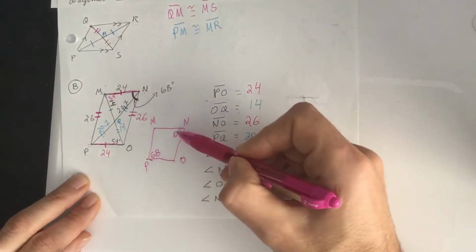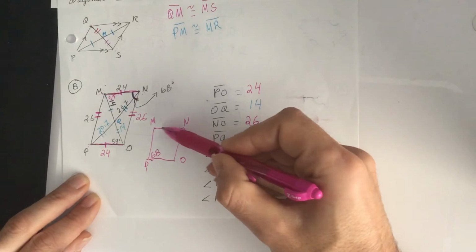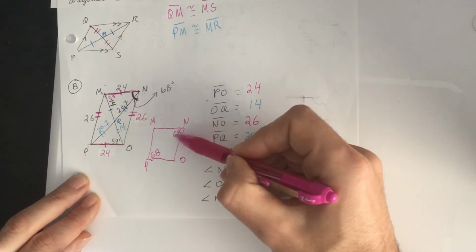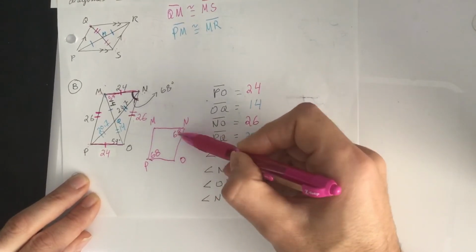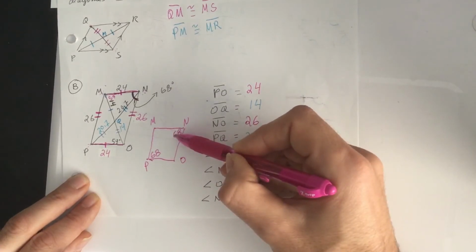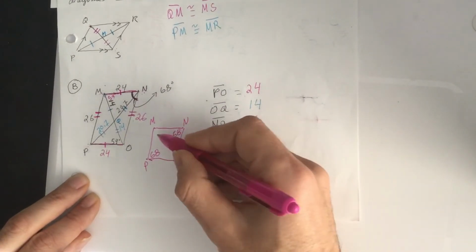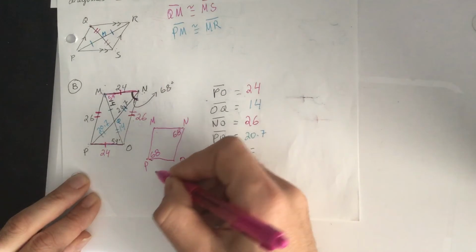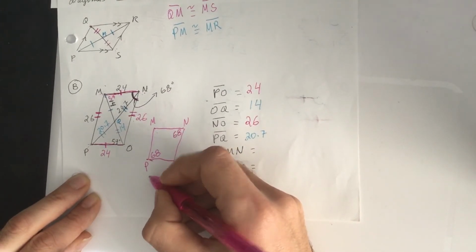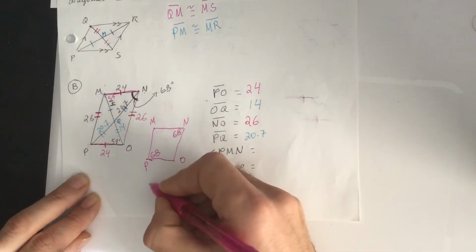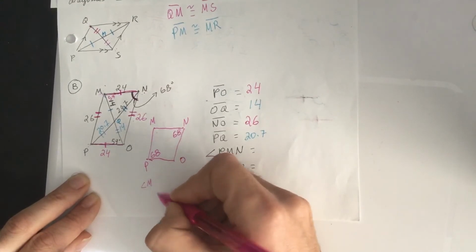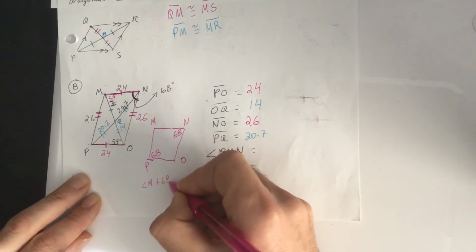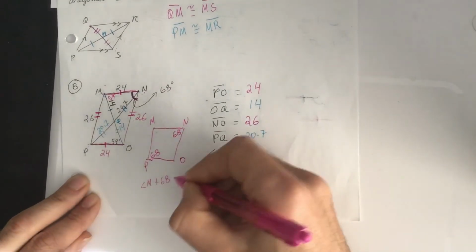And we know that this angle and this angle are basically consecutive, and they're supposed to be supplementary. So we know that that is going to be 112, okay? So remember, angle M plus 68 is going to be 180.